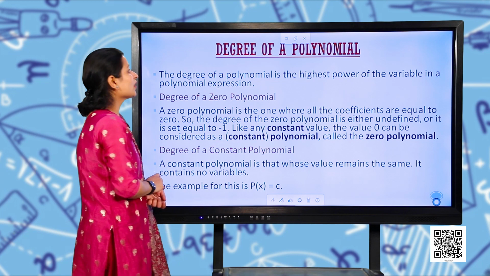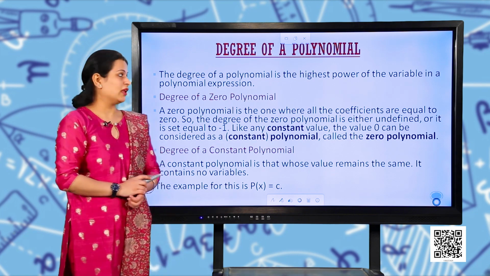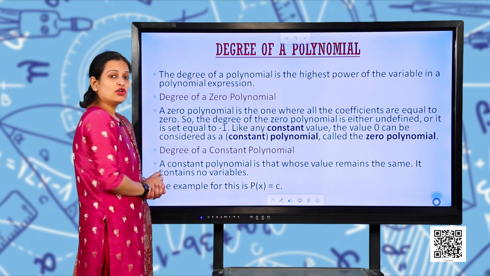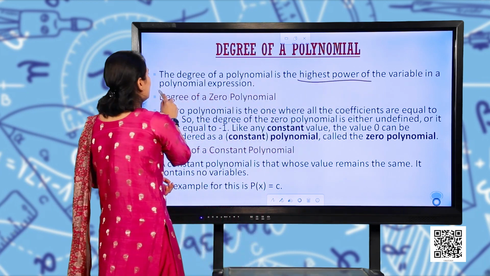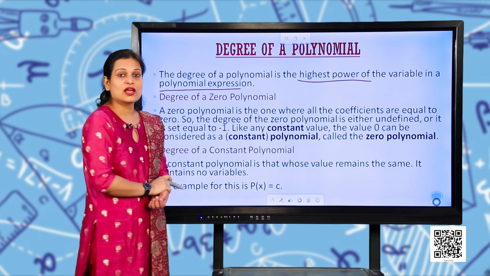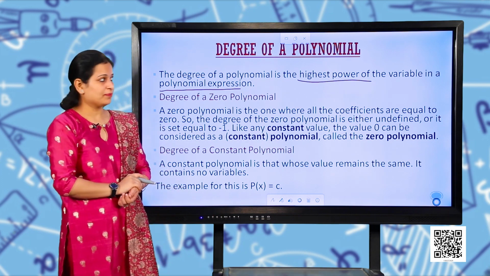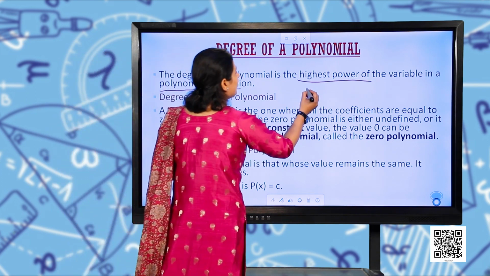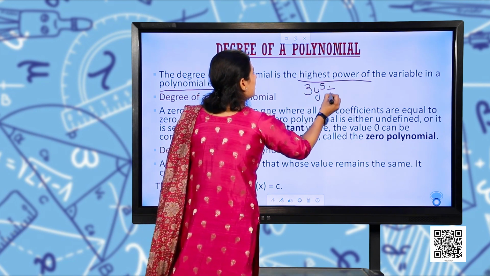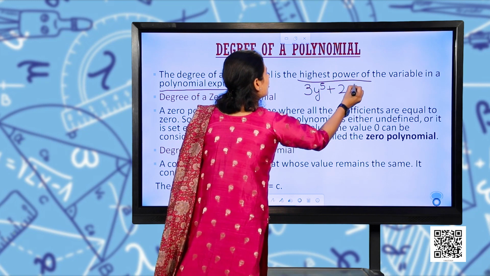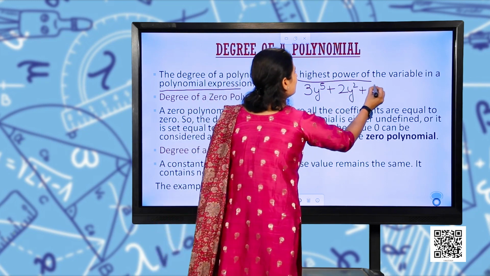Now comes to degree of a polynomial. The degree of a polynomial is the highest power of the variable in the polynomial expression. Highest power means what? If I have a polynomial as 3y raised to the power 5 plus 2y raised to the power 2 plus 3.